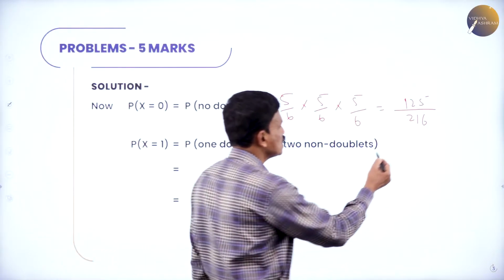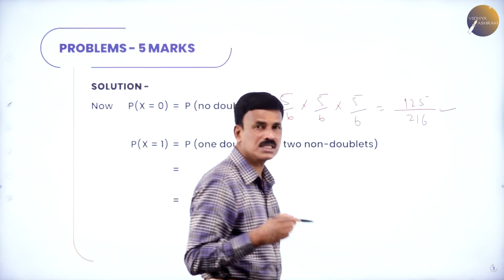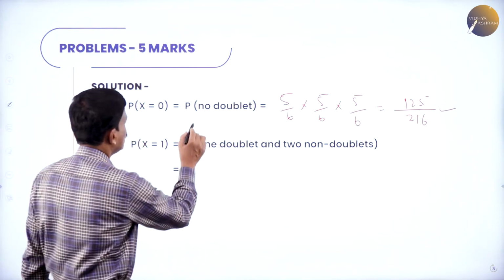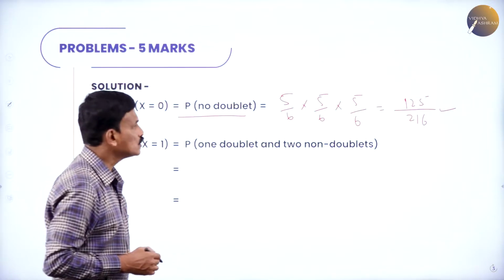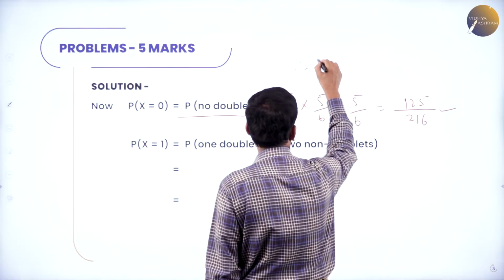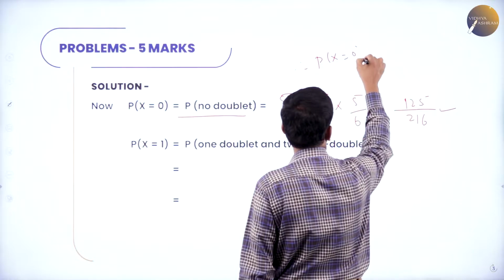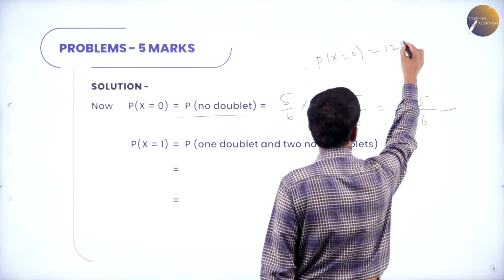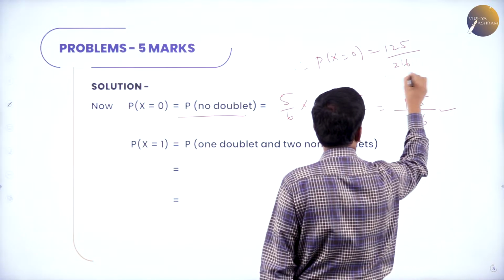So the first case is 125 divided by 216 for the probability of no doublet. Therefore, P of x is equal to 0 is 125 divided by 216.